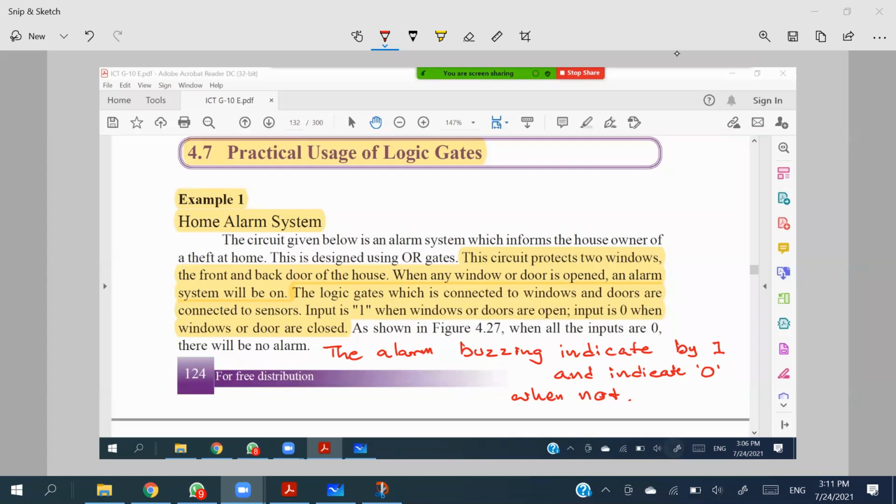Right, okay. Is there anyone still writing this? Please indicate if there is anyone.